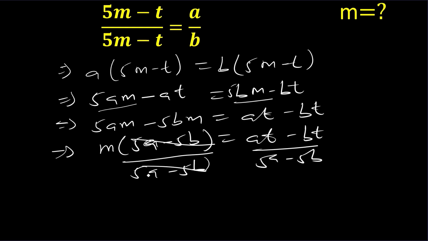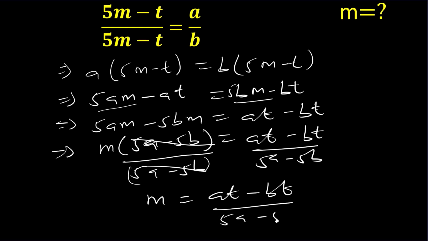So this one will cancel this. Okay, so my m is at minus bt over 5a minus 5b. All right, so there's the answer.